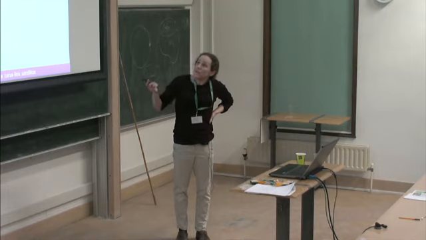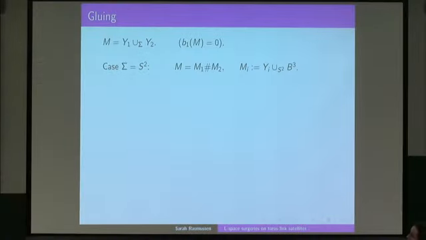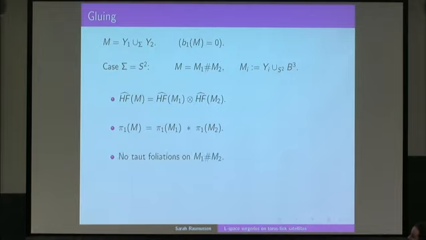If the thing I glue two manifolds along is a two-sphere, then I just have a connected sum. And so the hat Heegaard Floer homology just tensors, since I've got a rational homology sphere here. The fundamental group is just a free product. I don't have any taut foliations on the connected sum. And I'm an L space on the left if and only if I'm an L space on both the left and the right. And the same thing is true for left orderability.